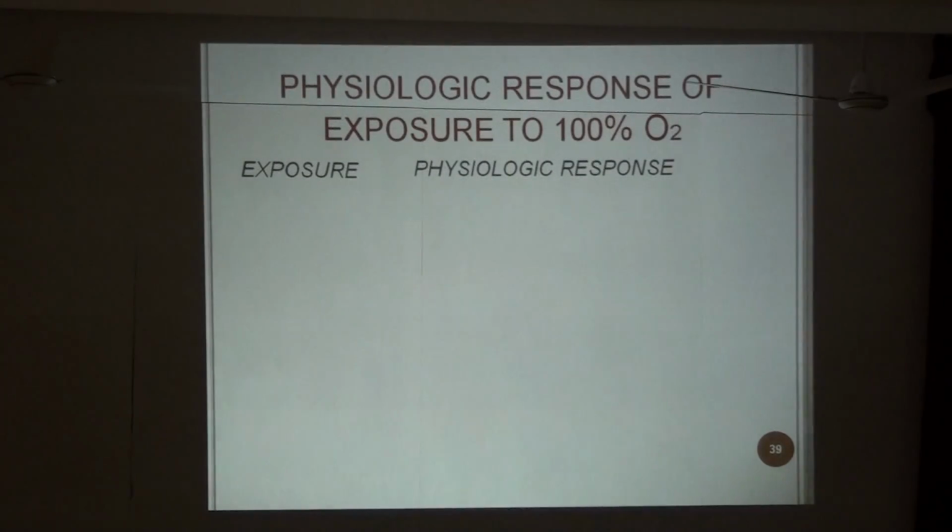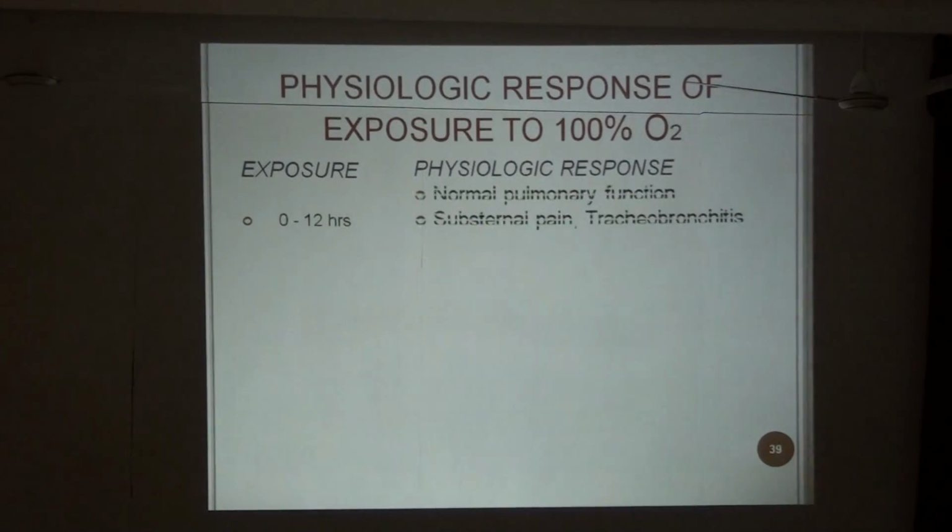Now, so far we have talked about the good things about oxygen, but there are a few bad things about oxygen also. 100% oxygen is not good for the human body for a long period of time. If the exposure is up to 12 hours, the physiological response is normal pulmonary function, with mild substernal pain and tracheobronchitis. If it is 12 to 24 hours, there is decreasing vital capacity.